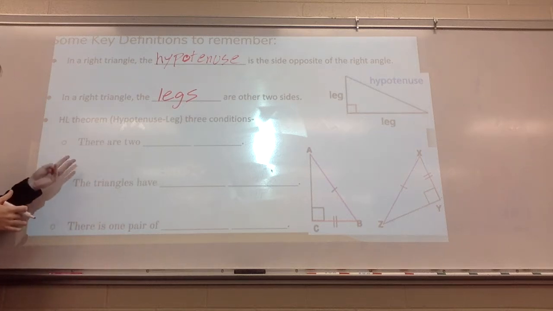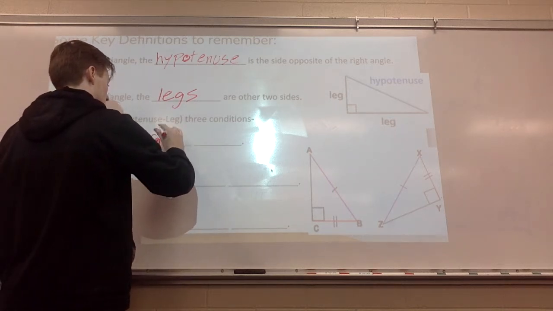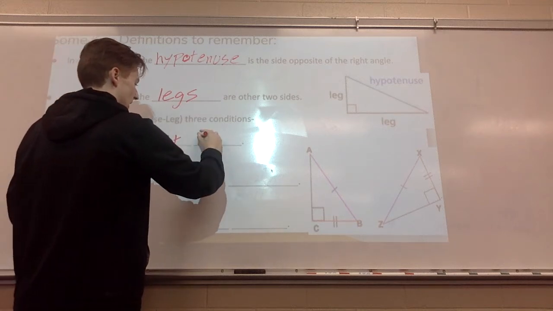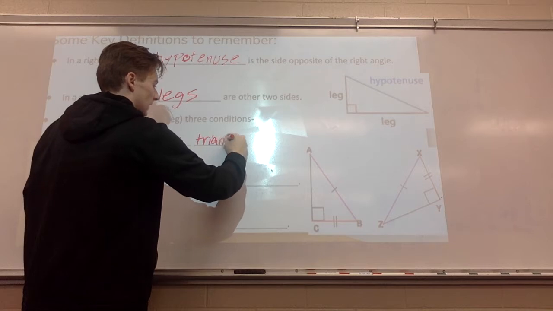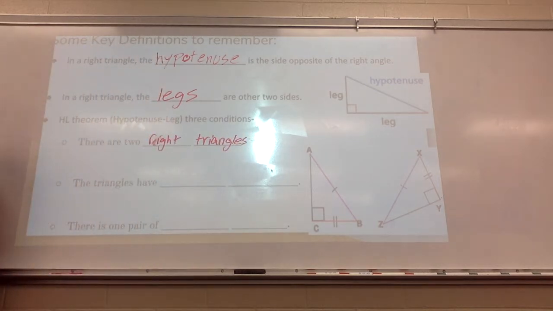Now, with this theorem comes 3 conditions. The first one, there are 2 right triangles. Again, if you do not have 2 right triangles, you cannot use the hypotenuse leg theorem.